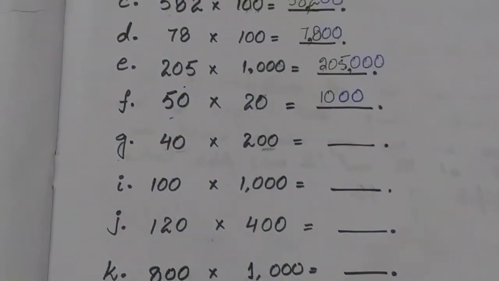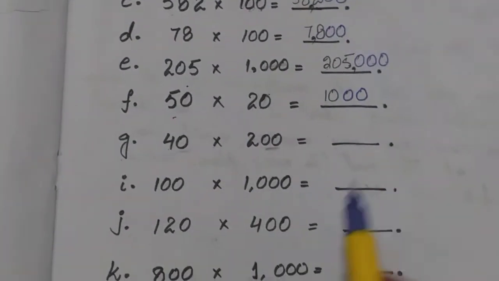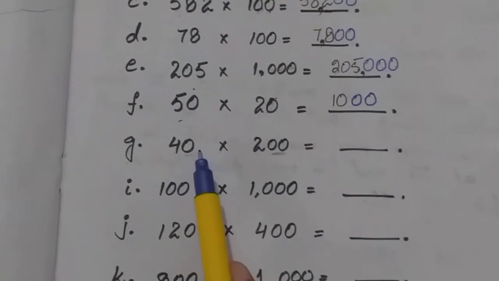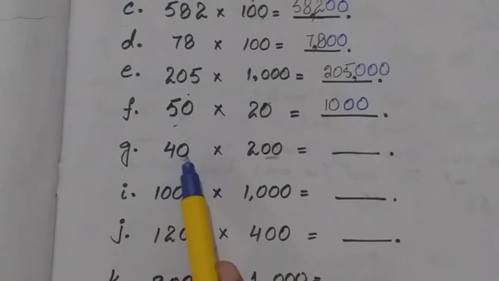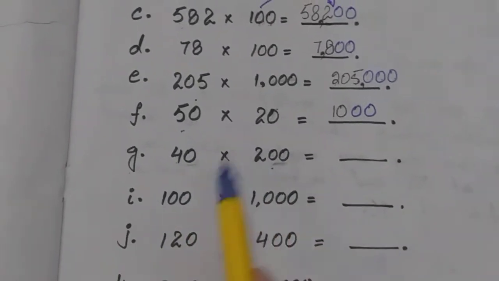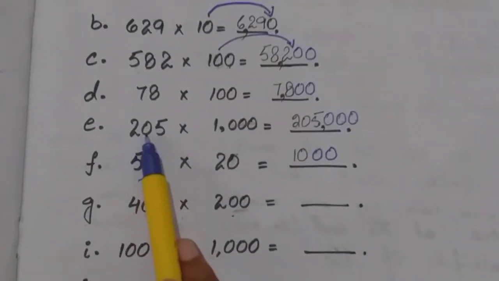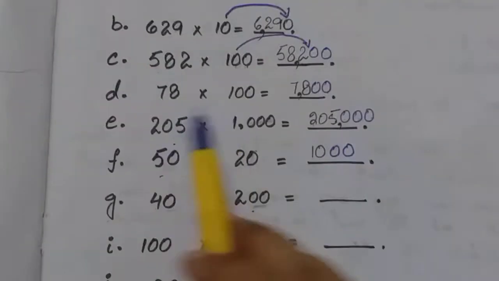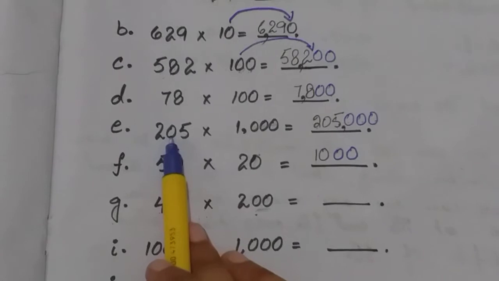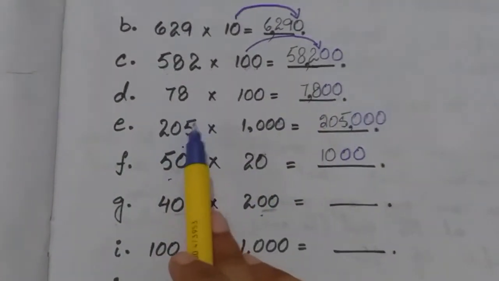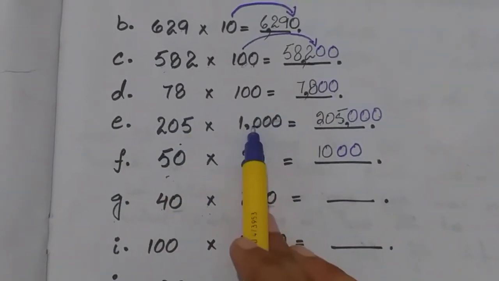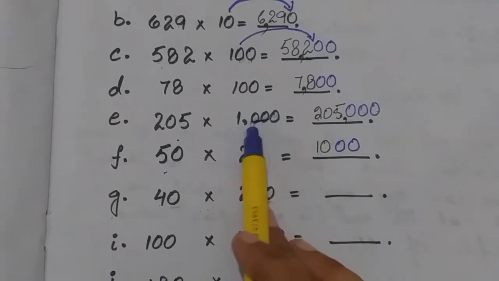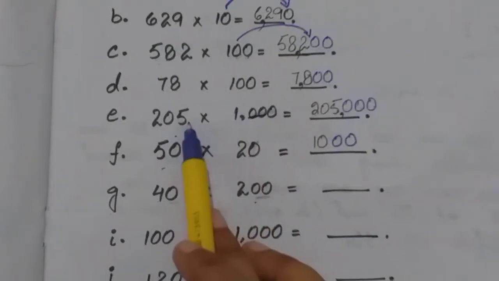Students, remember one thing, that in these types of examples, we only ignore the zeros which are at the last of both numbers. Like in this example, we have a 0 in the middle. So we cannot place this 0 at the last of our product. We only place the zeros that are at the last of the multiplier or the multiplicand.